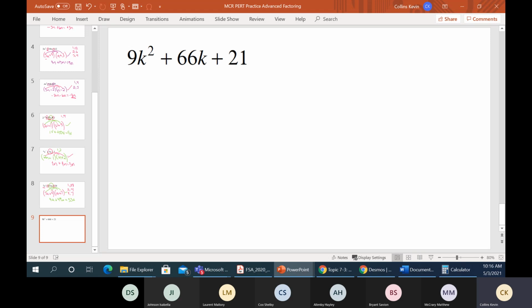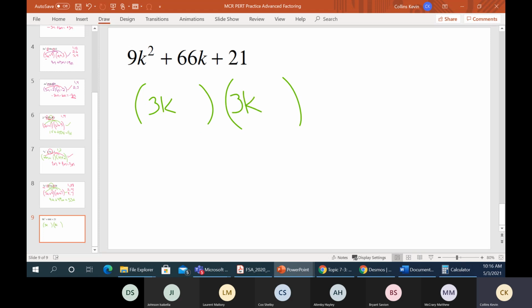All right, so here's the thing about this one. We got some choices on both sides this time. So this could be 3k times 3k, because 3 times 3 is 9.